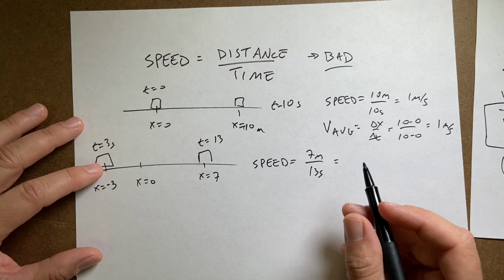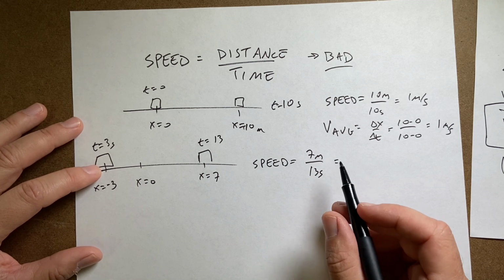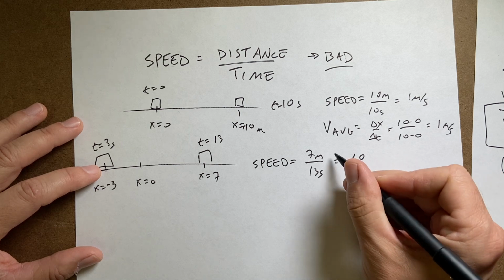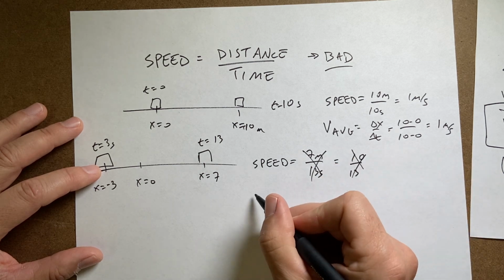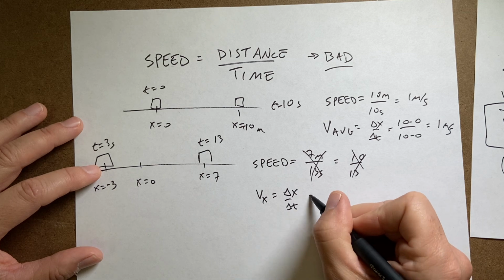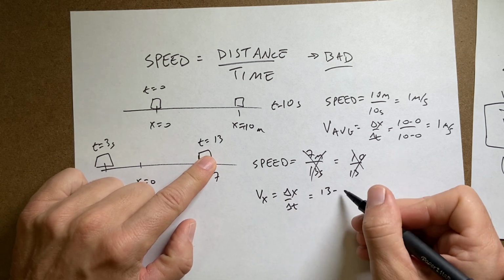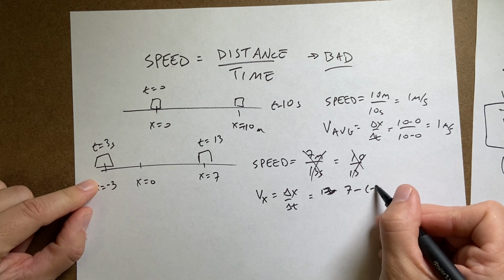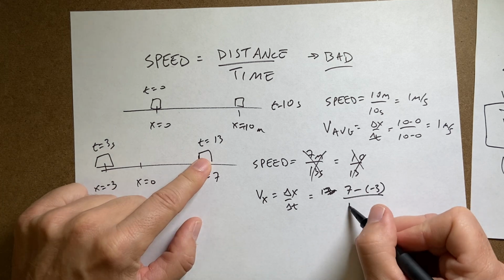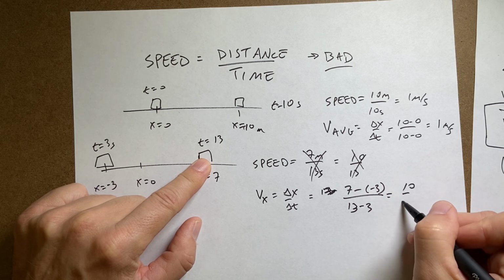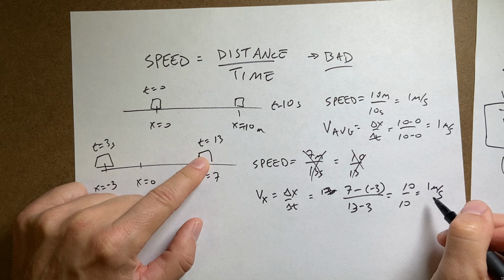Okay, it's the same situation. Some may say, oh, well, it still went 10 meters. Well, then that's going to be 10 over 13. That's wrong. But if you use velocity as delta x over delta t, I get 7 minus negative 3 over 13 minus 3, which is 10 over 10 equals 1 meter per second. So that works.